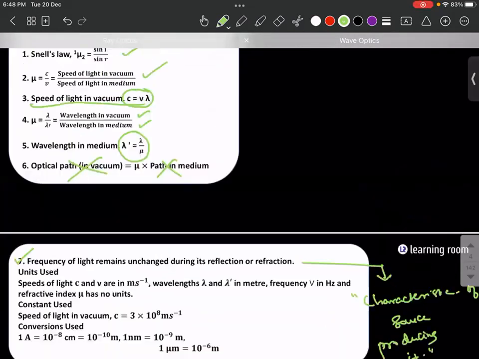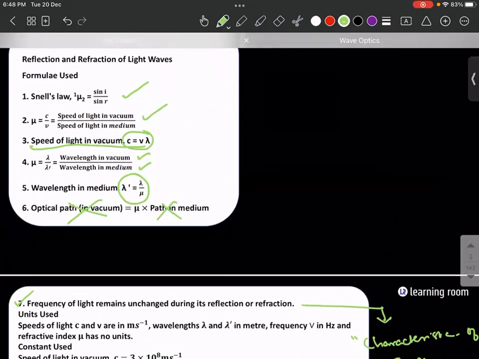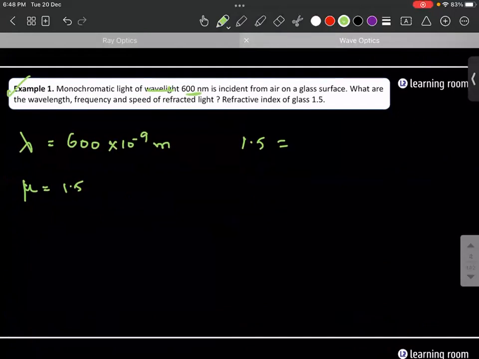Observe. How is the refractive index defined? It is the wavelength in vacuum divided by the wavelength in the given medium. So 1.5 will be equal to lambda in vacuum divided by lambda in the medium.